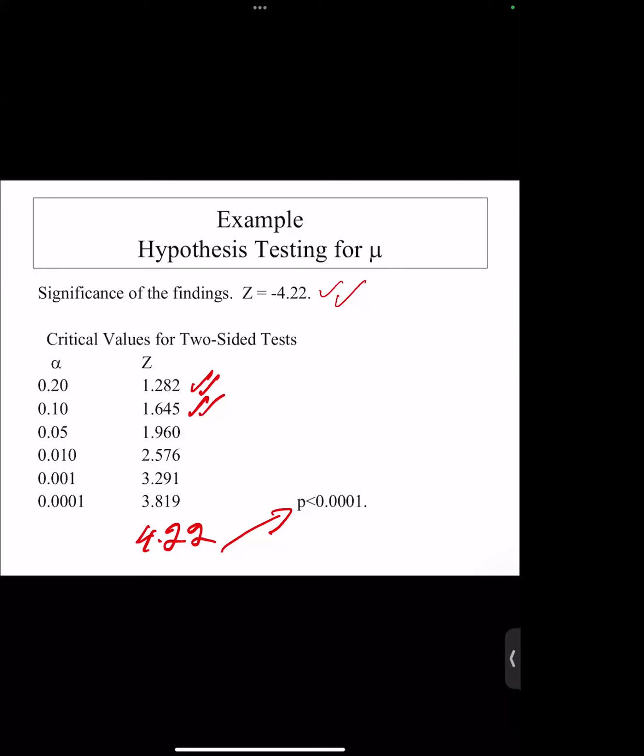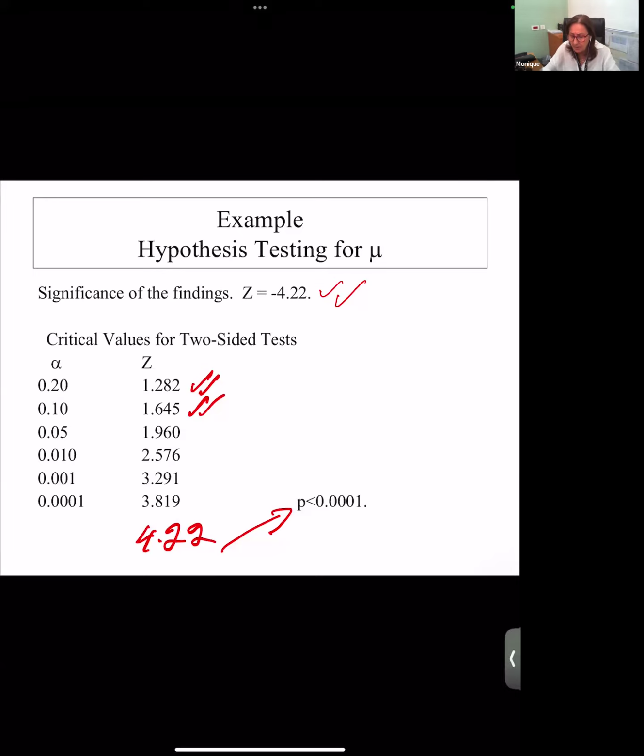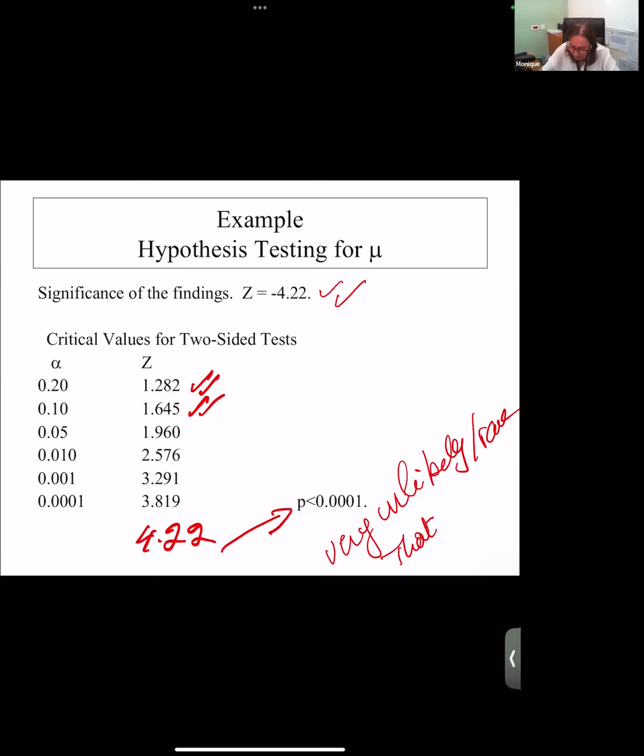So this means that you cannot have the mean of the population of Framingham similar to the one at the national level. It's very unlikely, very rare, that H0 is true.